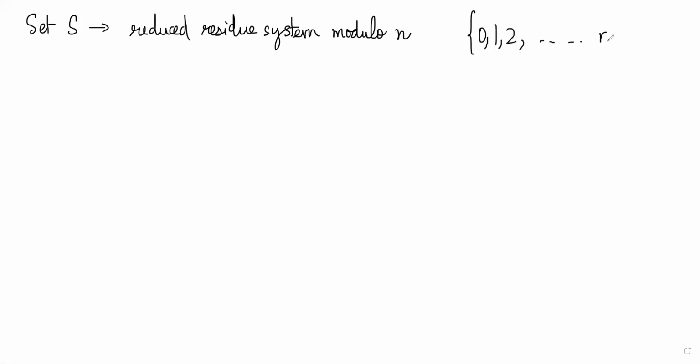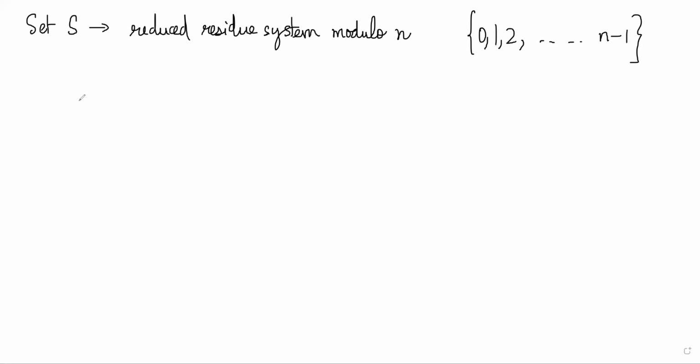It is the reduced residue system modulo n, which is basically the set of possible remainders when you divide any number by n. So in general, it can be 0, 1, 2 till n minus 1.